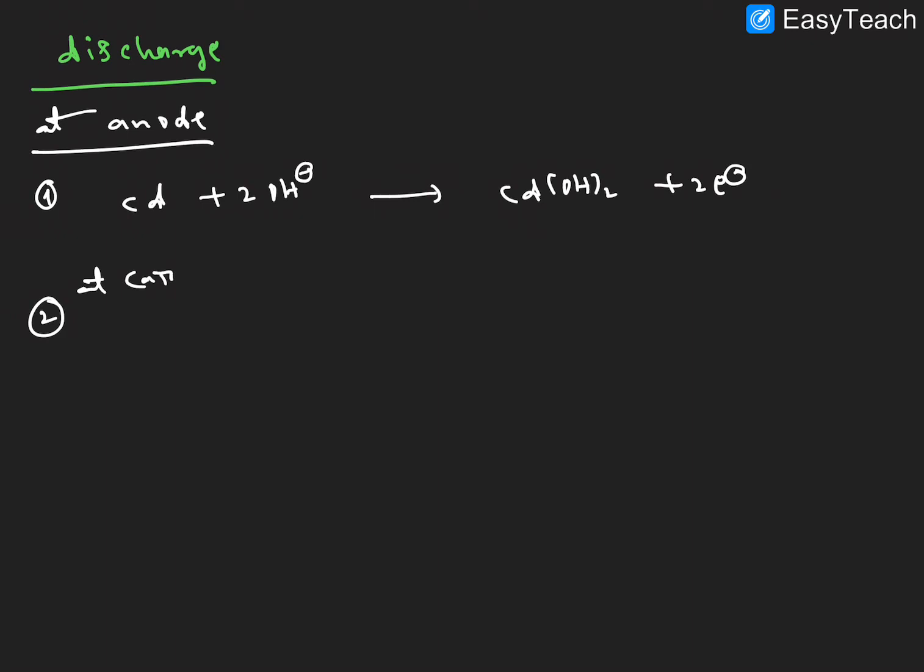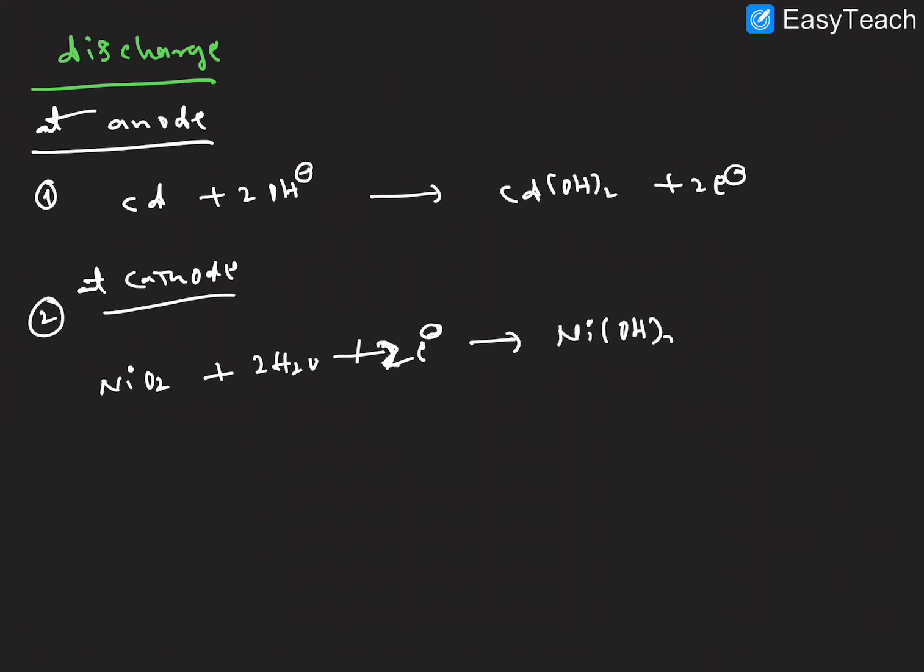Now at the cathode reaction, this is the second reaction: NiO2 in the presence of water takes 2 electrons to give nickel hydroxide plus 2 OH minus.